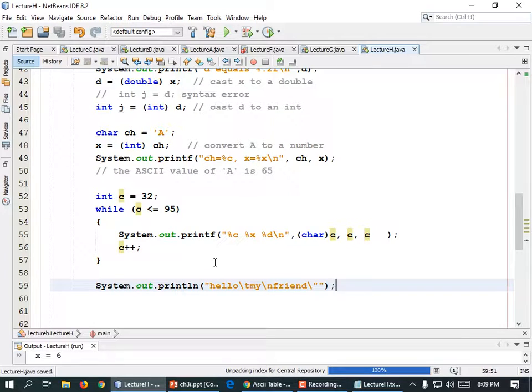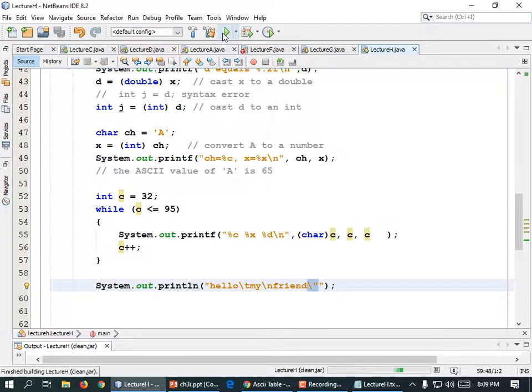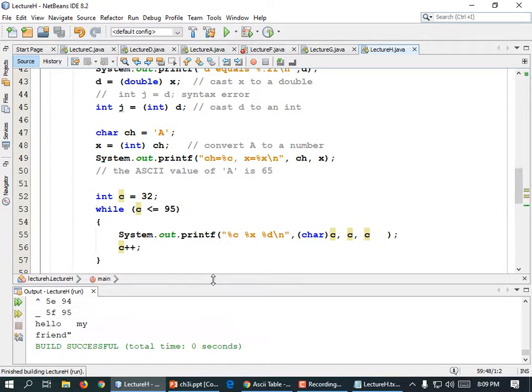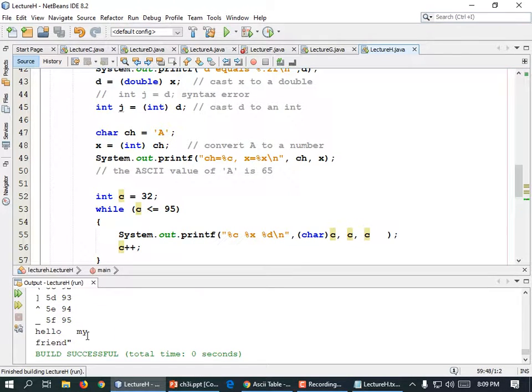What is that going to print out? It's going to print out hello, and then the \t is going to cause a tab, just like hitting the tab key. And then it's going to print my, and then it's going to go to the next line, because \n means new line. And then it's going to print out friend, and this weird one, \" just prints out a double quote. So when I run it, that's what we're going to see on the bottom few lines of output. It is hello, my friend.